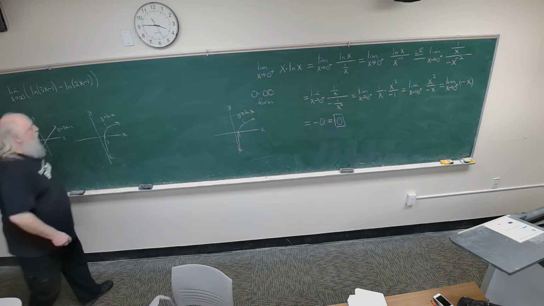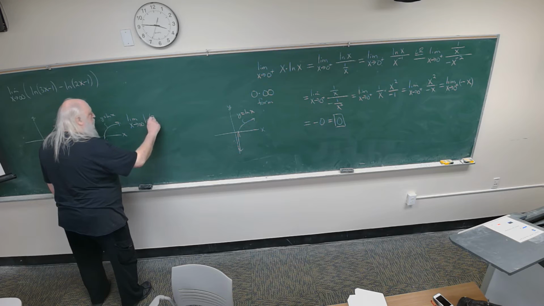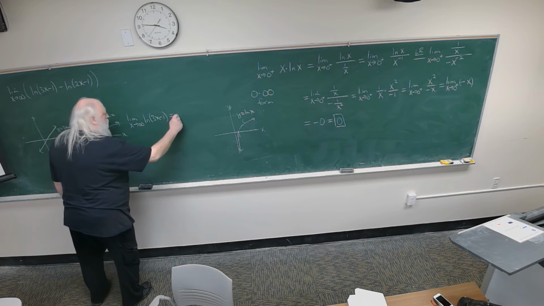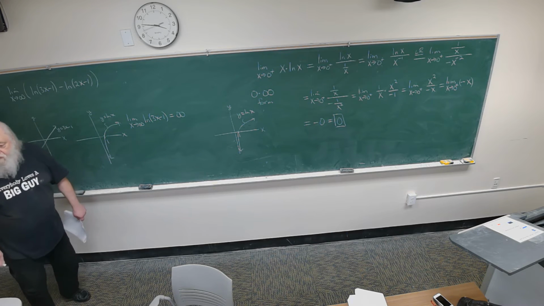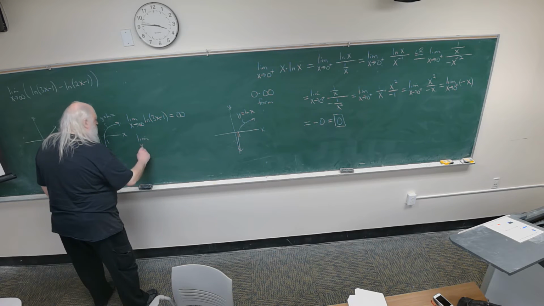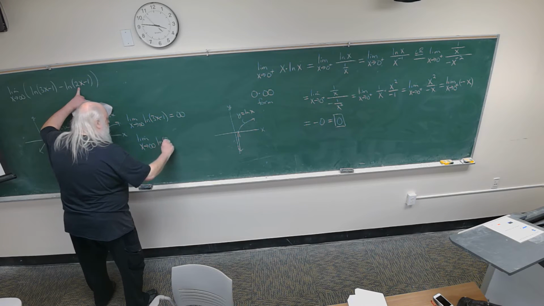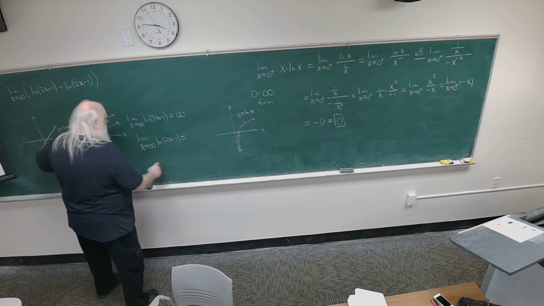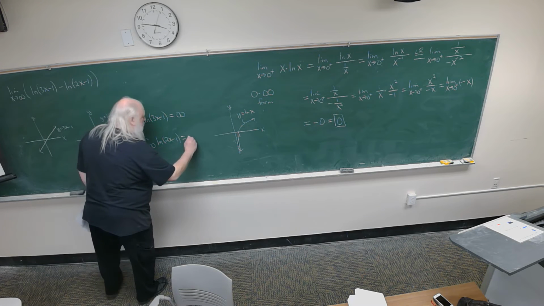So the limit as x increases without bound of the natural log of 3x minus 1 we say is equal to infinity. It increases without bound. And the same is true for the natural log of 2x minus 1. As x increases without bound, 2x minus 1 increases without bound, and the natural log of 2x minus 1 increases without bound.